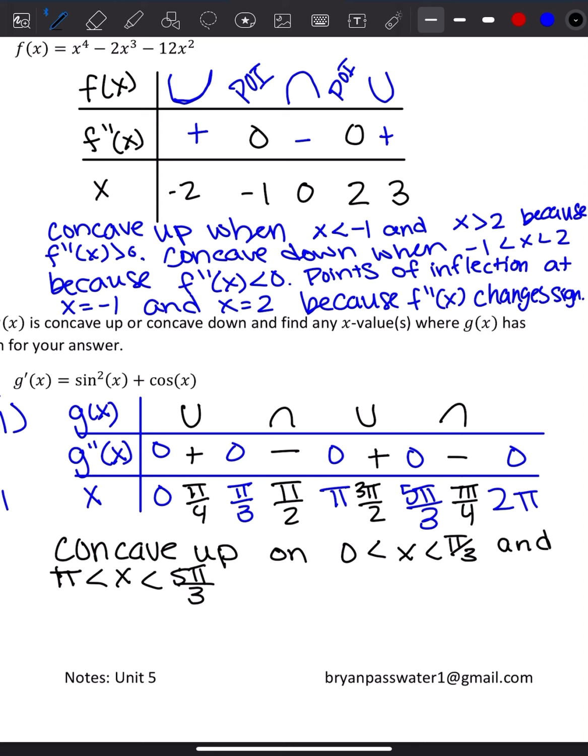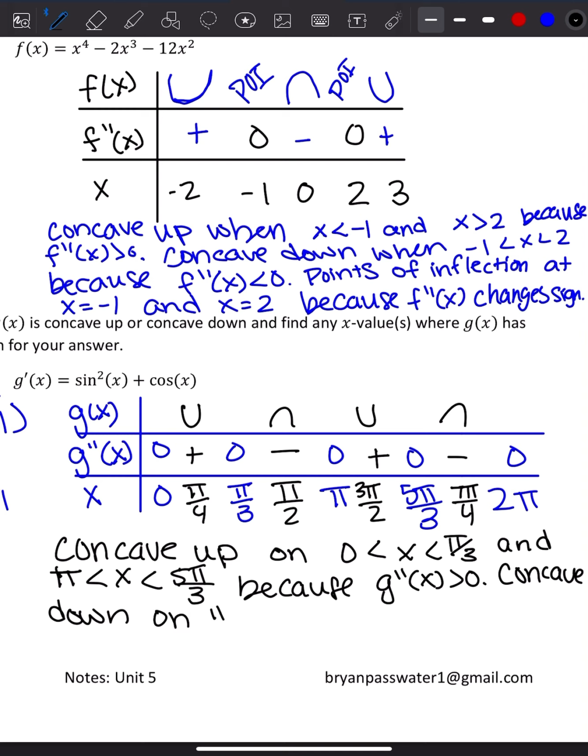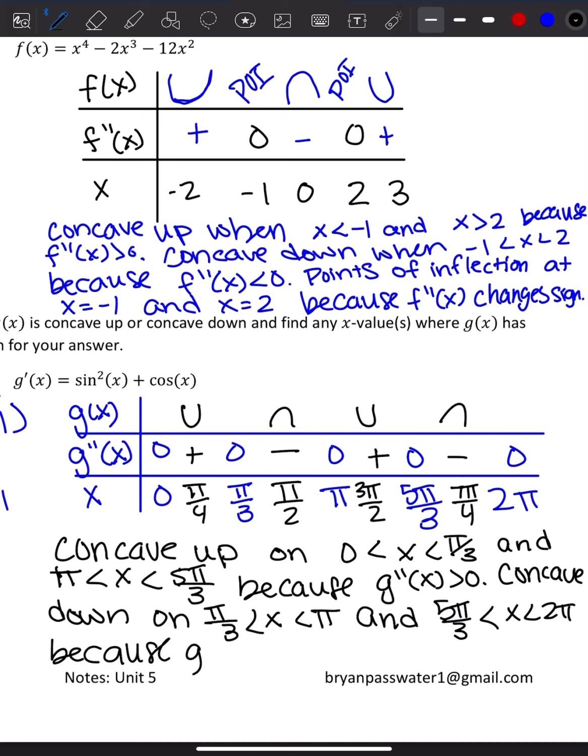And we know that this is true because g double prime of x is greater than 0. We are concave down on that interval of pi over 3 to pi and 5 pi over 3 to 2 pi, because g double prime of x is less than 0.